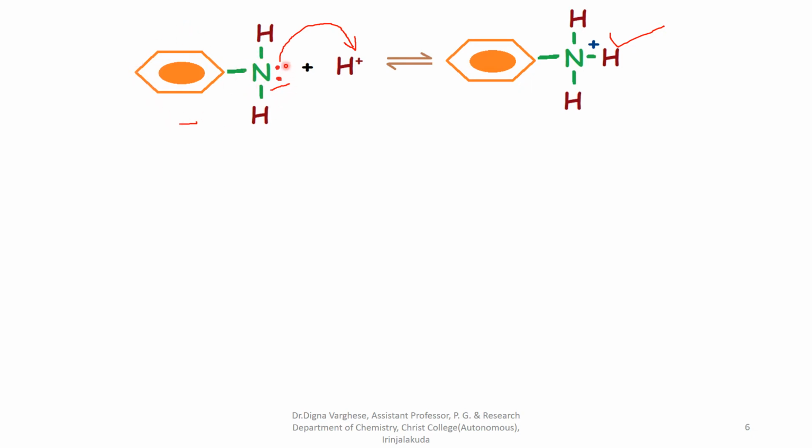It makes the electron pair on the nitrogen atom less available for protonation when compared to ammonia and methylamine, due to the electron withdrawing effect of the benzene ring and also due to the resonance effect, plus R or plus M effect, of the benzene ring on the NH2 group in aniline.